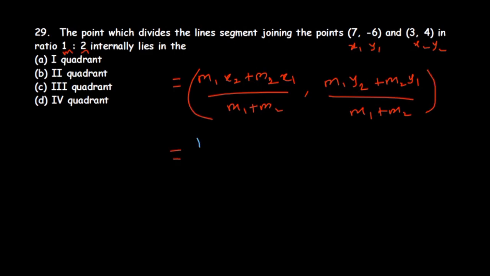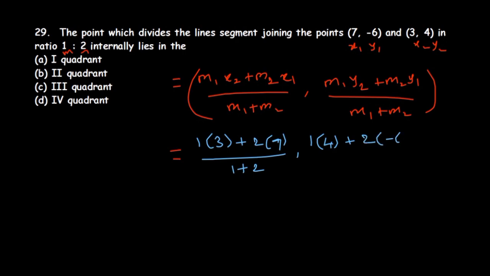Okay, so what is m1 here? That is 1 and x2 is 3, m2 is 2 and x1 is 7, by m1 plus m2, that is 1 plus 2. m1 is again 1 and y2 is 4, plus m2 is 2 and y1 is minus 6, by 1 plus 2.